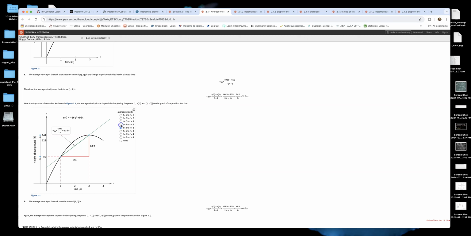You see, if you compare the previous one, between 1 and 3 seconds, when you go to 1 and 2 seconds, the secant line, or the line between those 2 ordered pairs, is going to be dipping into a higher value.